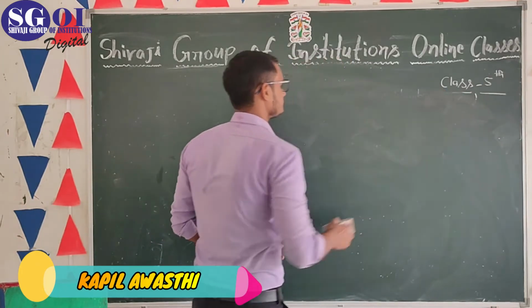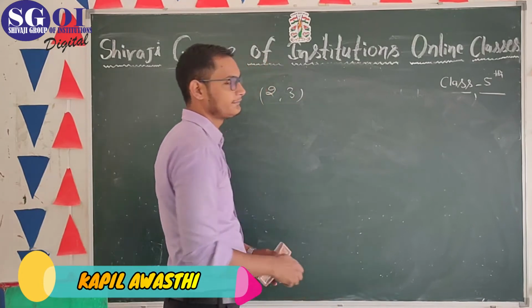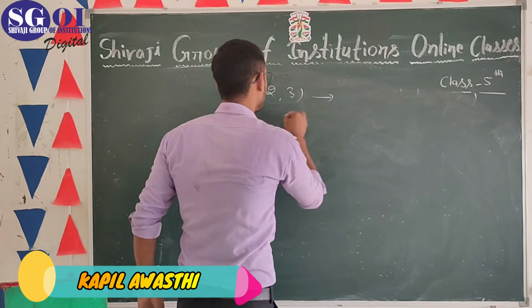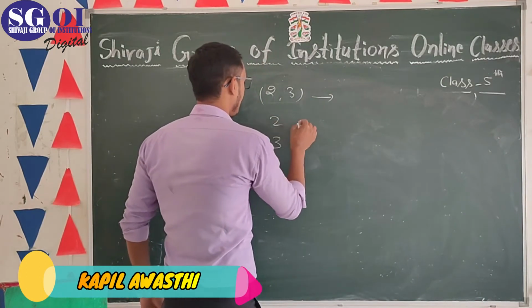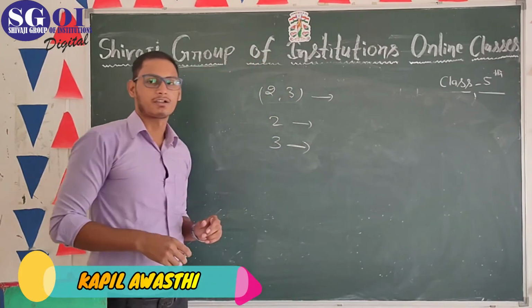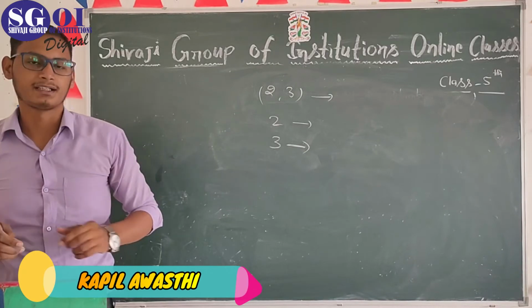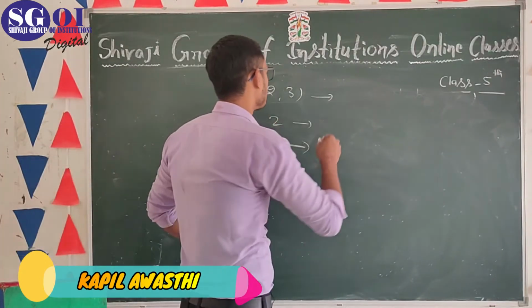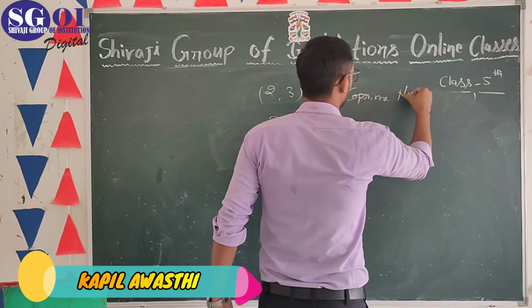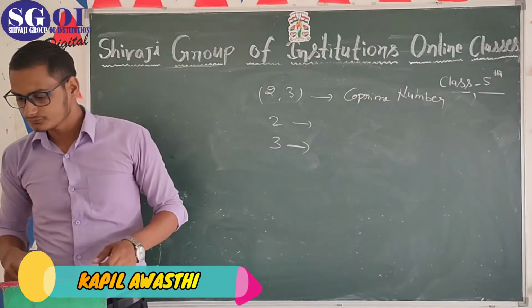Now 2, 3. This is a co-prime pair because the factor of 2 and the factor of 3 have no common factor between them. Understood?